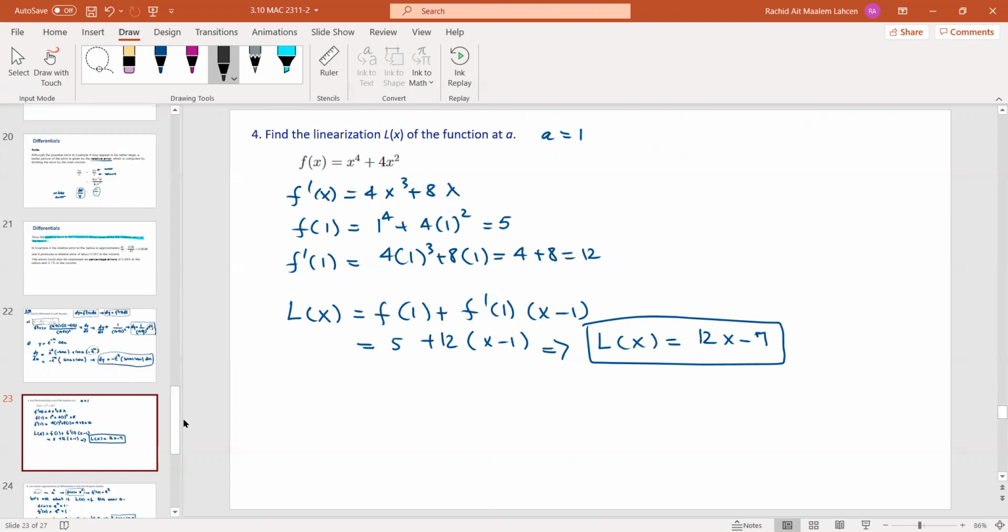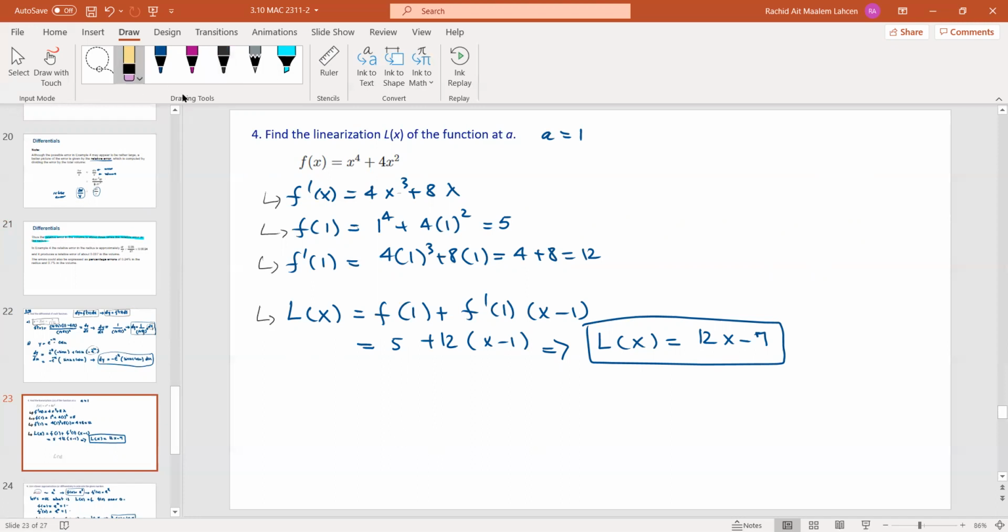So here is an example in which we just look at it in general. Based on the formula, we need the derivative, power rule. We need f of 1, which is 5. We need f prime of 1, which is 12. We put them in the formula that was mentioned at the beginning, and we get the line. So what does this mean?